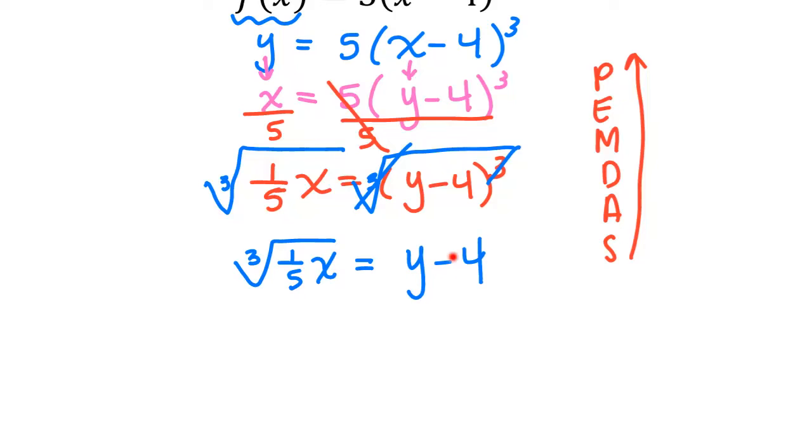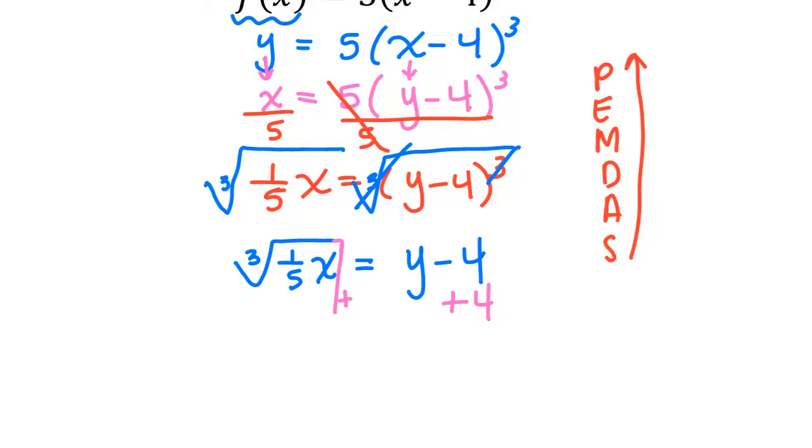Notice I have that negative 4 left over next to the y. So how do I do the inverse of subtracting 4? Add 4 to each side. But that 4 cannot go on the inside of the radical. This radical is only over the x right there.